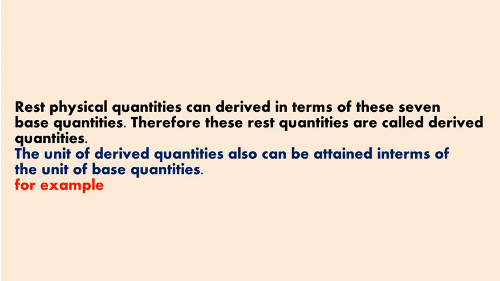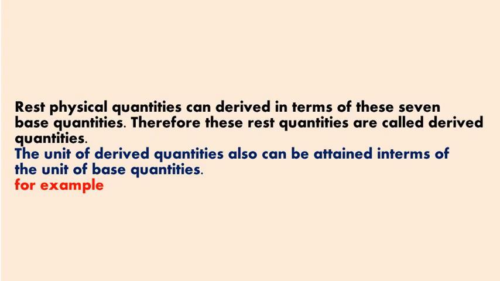Therefore, the rest of the quantities are also known as derived quantities, except plane angle and solid angle. The units of the rest of the quantities also can be obtained in terms of the units of these 7 fundamental quantities.